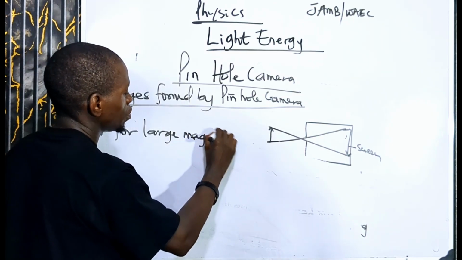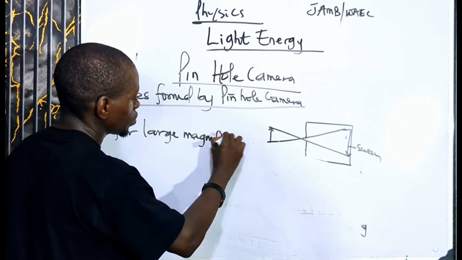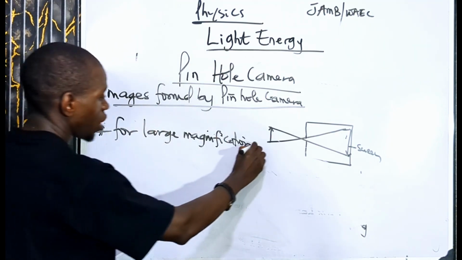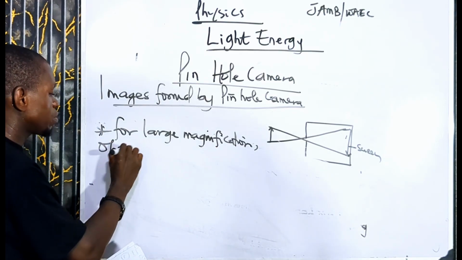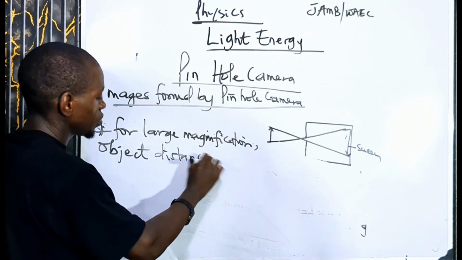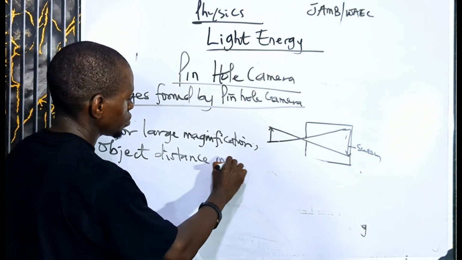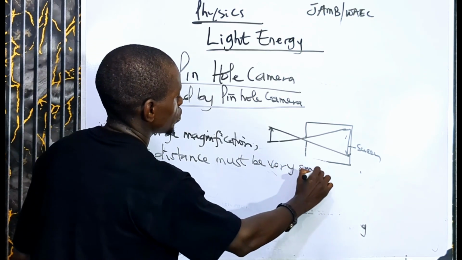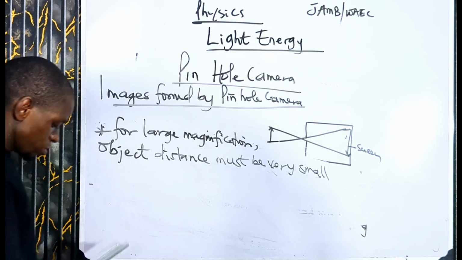So for large magnification, the object distance must be very, very small.